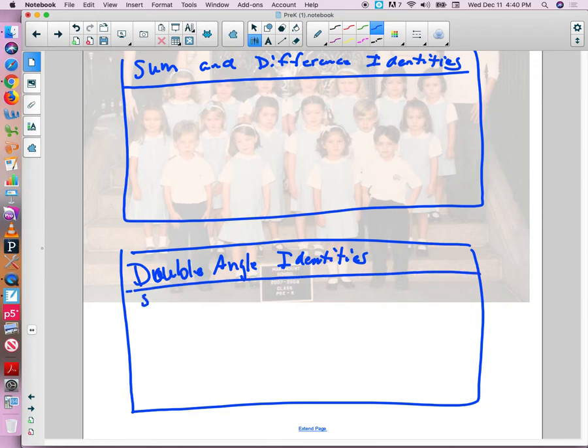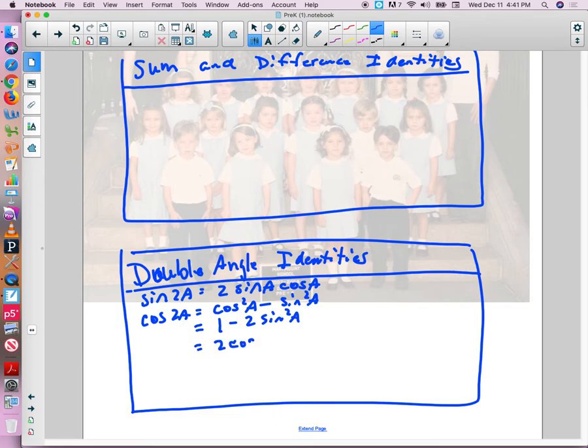Double angle, sine 2a is 2 sine a cosine a. Cosine 2a is cosine squared minus sine squared, which turns into 1 minus 2 sine squared, and also turns into 2 cosine squared minus 1. You need different things at different times. And if you choose to learn tan 2a, it's 2 tan a over 1 minus tangent squared a.